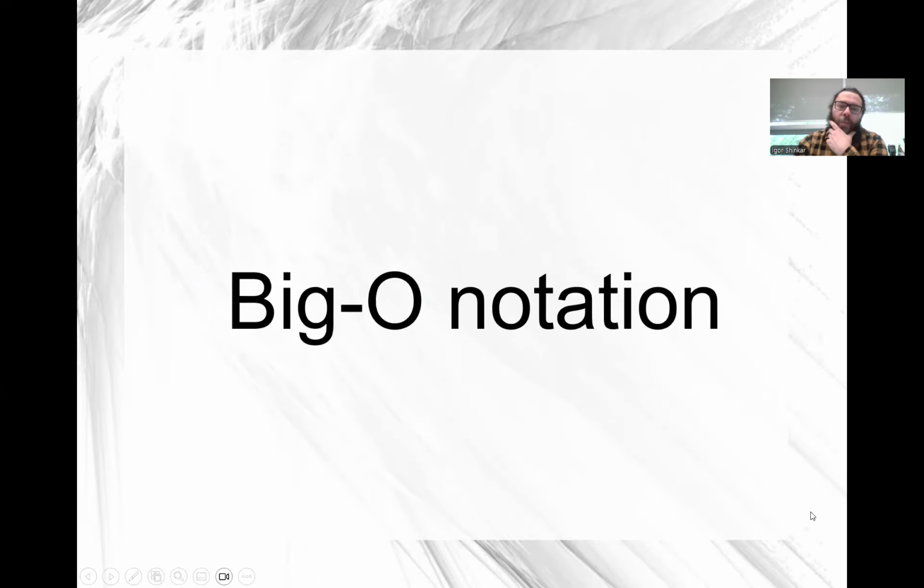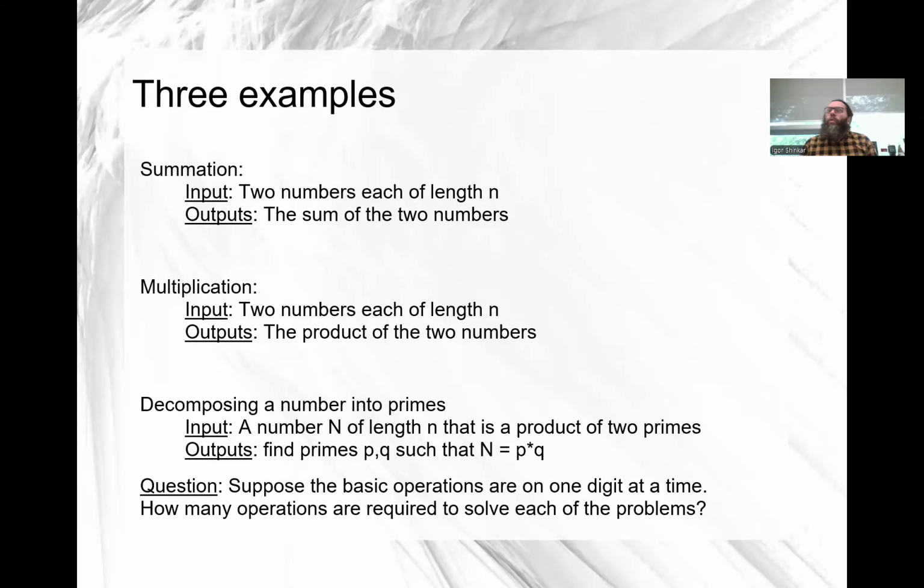Okay, so here's the plan for today. What we're going to do today is talk about the big O notation. And just to motivate this big O notation, last time we talked about measuring performances of algorithms. And we saw these three problems.